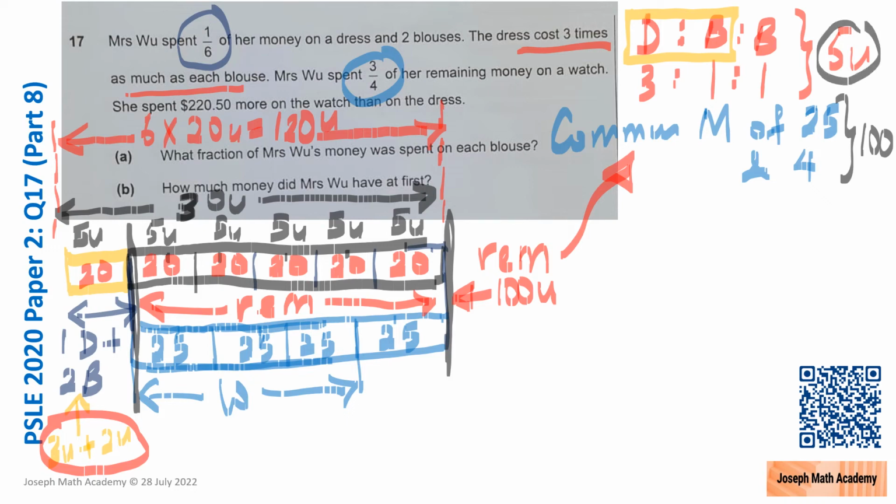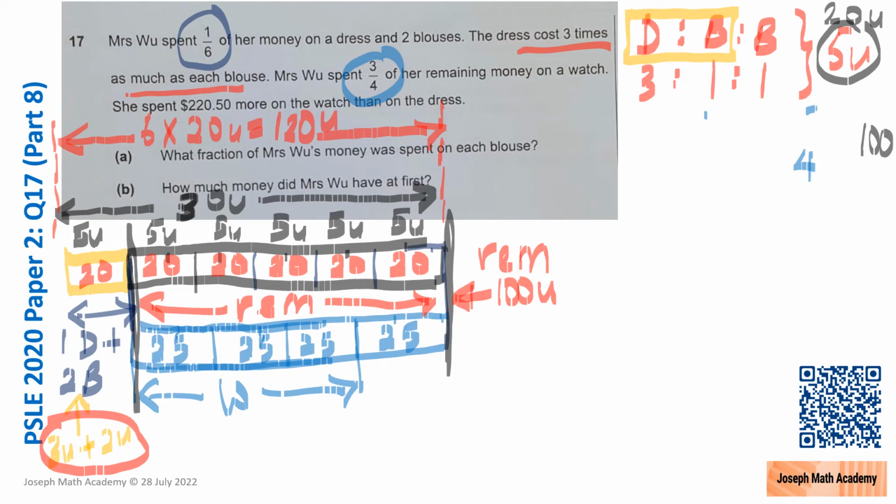This 5 is now 20 units. So what I'll do is, I will rewrite that ratio into its equivalent. It's now no longer 5 units, it is now 20 units.